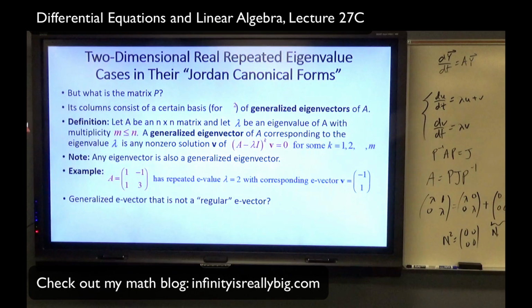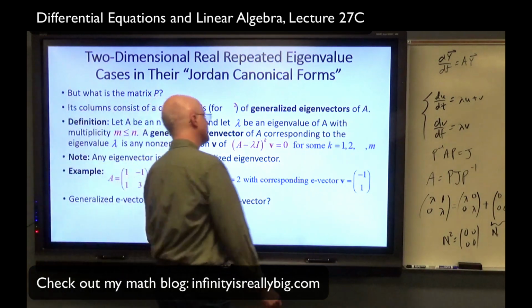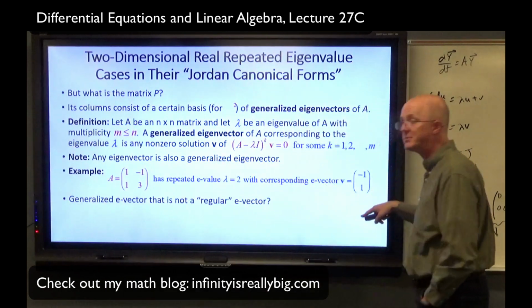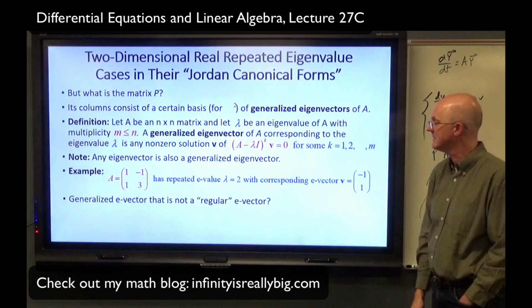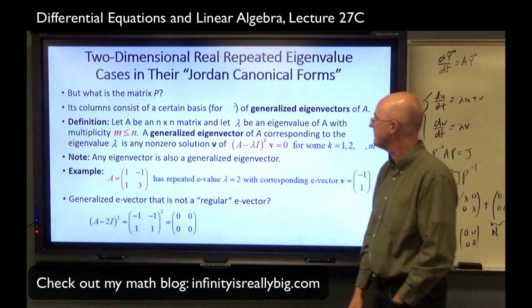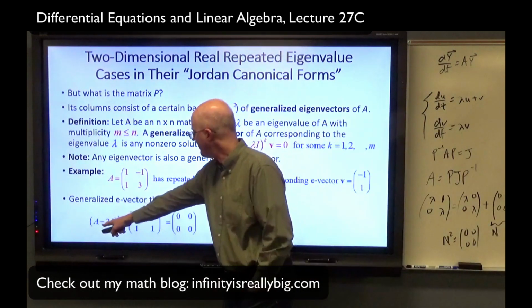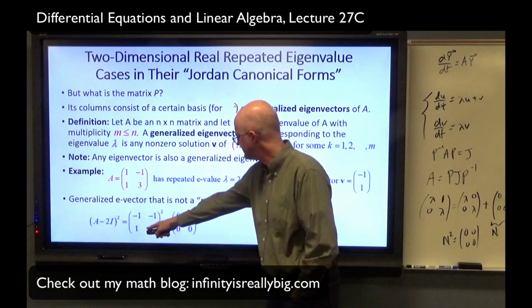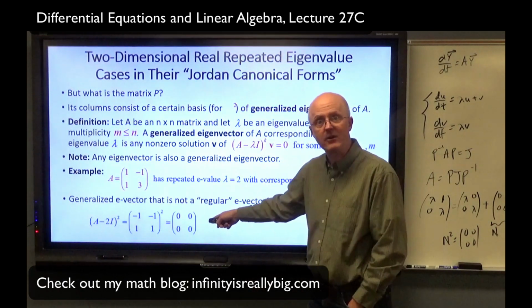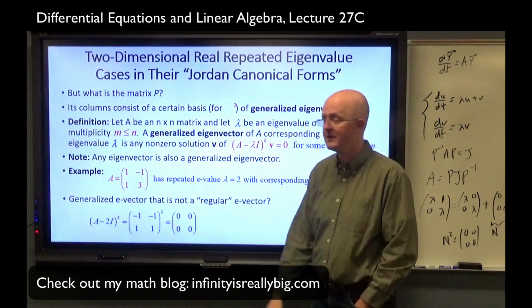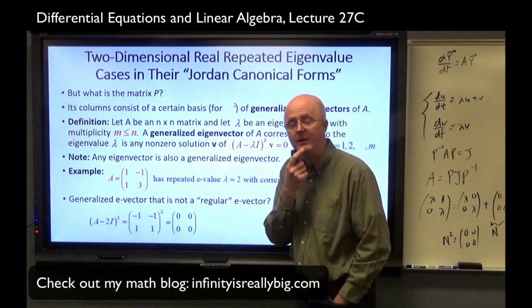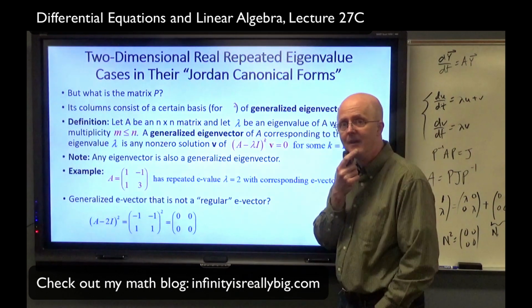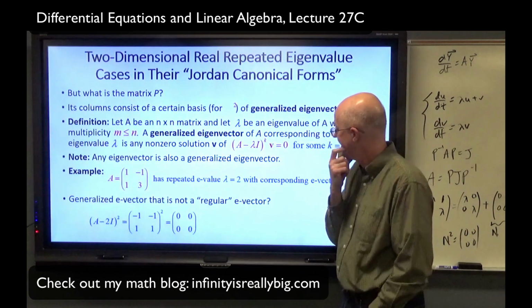Is there a generalized eigenvector that is not a regular eigenvector, that is not a non-zero multiple of this? Well, try k equals 2 and see what happens. When lambda is 2, (A minus 2I) squared, which is this matrix squared, is the zero matrix too. That's also nilpotent. This matrix, negative 1, negative 1, 1, 1, check it: when you square it, you get the zero matrix. Weird, but true.